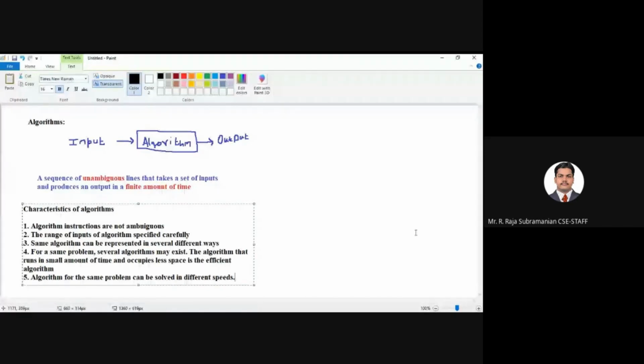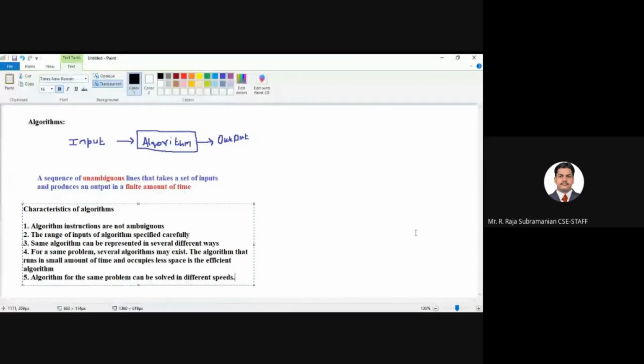Yes, I can use recursion, I can use queue, stack, graph, any data structure I can use and represent it in a different manner. Fourth one is, for the same problem, several different solutions can be there. By solutions, I mean the algorithms, right? Fifth one is, algorithms for the same problem can be solved in different speeds. So that's what I do.